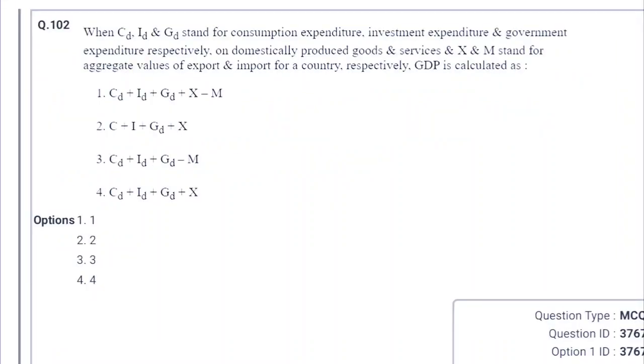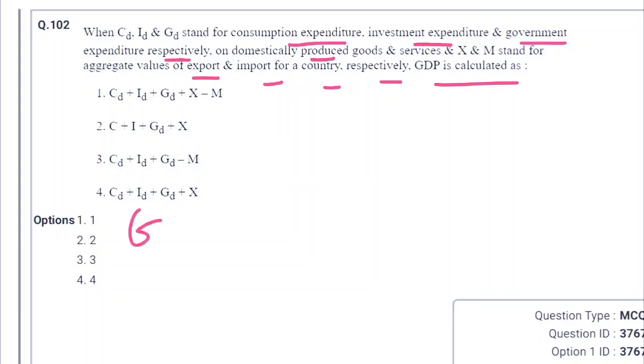Next question is, when C, I, G stand for consumption expenditure, investment expenditure and government expenditure respectively on domestically produced goods and services, and X and M stand for aggregate values of export and import for a country respectively, GDP is calculated as, options are being given, we need to find out the correct option. Okay, so what is the GDP equation?